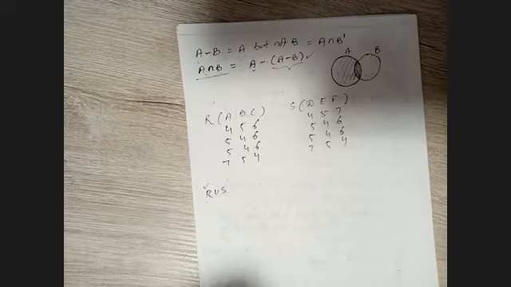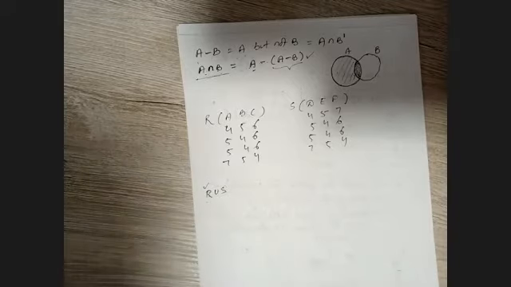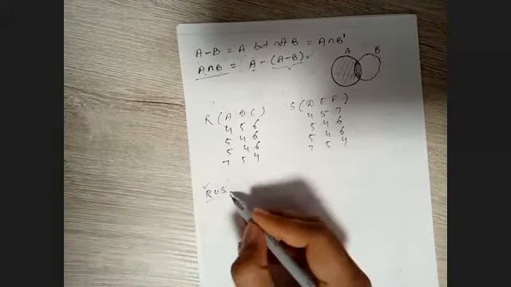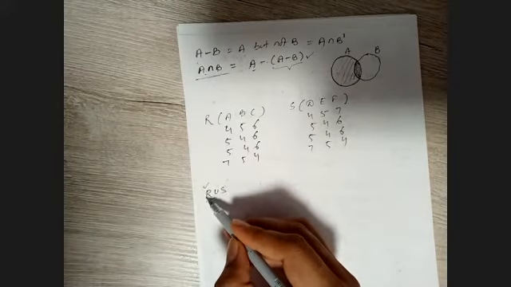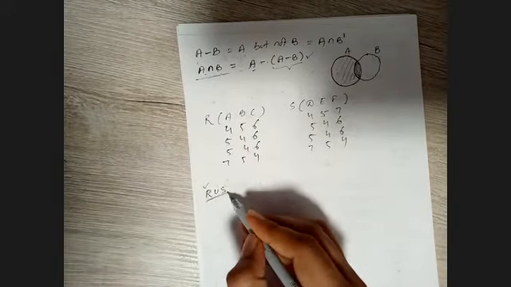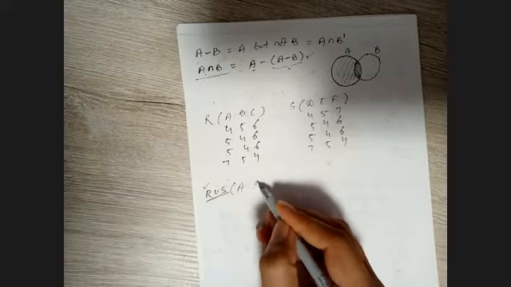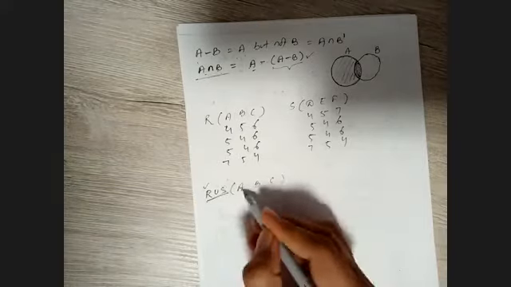And the resultant record will have distinct tuples. See here, R union S: the resultant schema will be the same as that of R, so it will also be a table with the attributes of R, that is A, B, C.